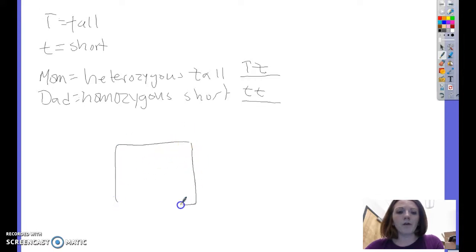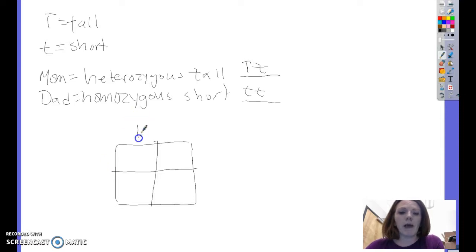So setting up a Punnett square with this, we have a four square. This is just one characteristic that we're looking at, tall and short. We're not looking at height with eye color, so we're just going to do a monohybrid square. We have to indicate mom's alleles and dad's alleles on this Punnett square.